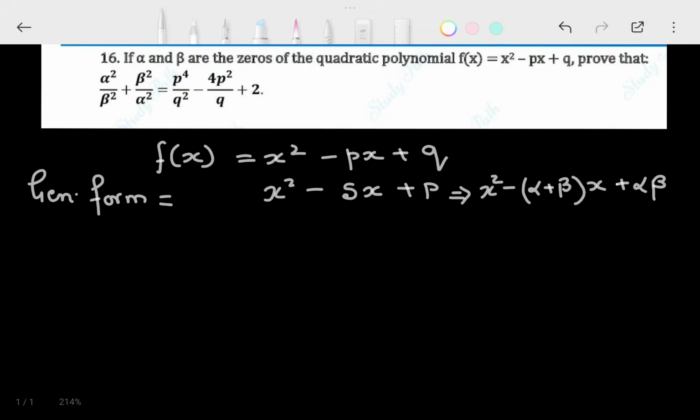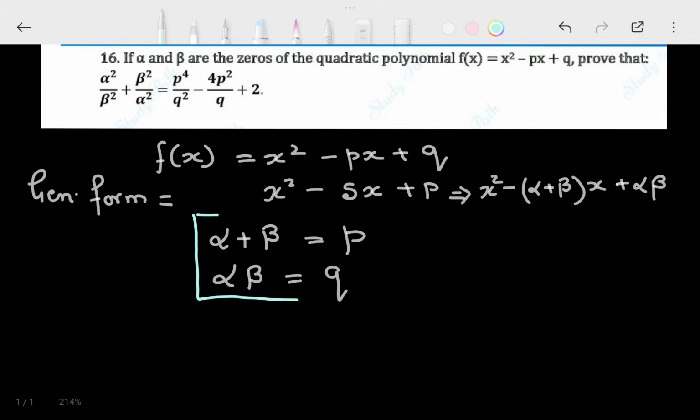So on comparing both the equations, we find that alpha plus beta is equal to p and alpha beta is equal to q. So this is the piece of information that we are going to use to prove the above relationship.